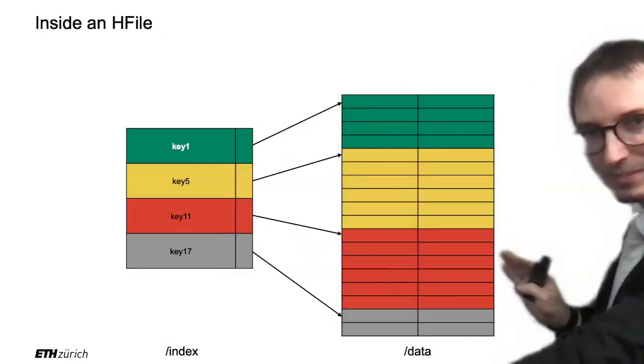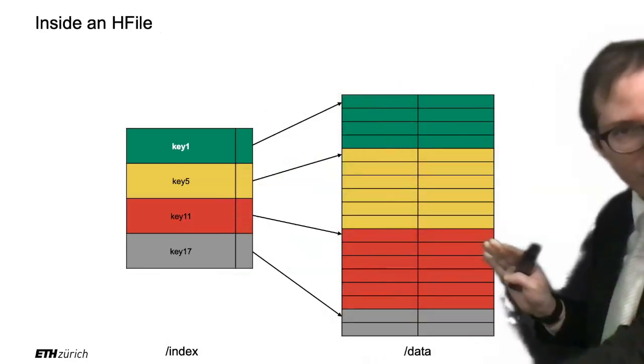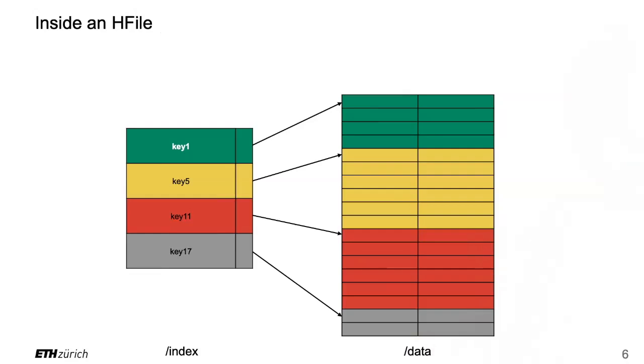Now, all of this is an HFile stored in HDFS. As a file stored in HDFS, it will be cut physically on HDFS in 128 megabyte HDFS blocks. What that means is that in an HDFS block, you will have a lot of HBlocks, right? Who agrees? 64 kilobytes is much smaller, right?